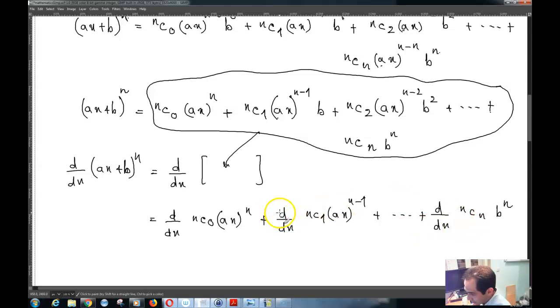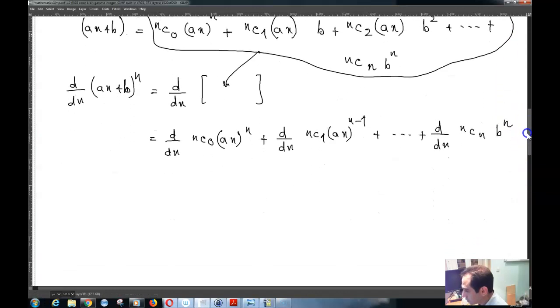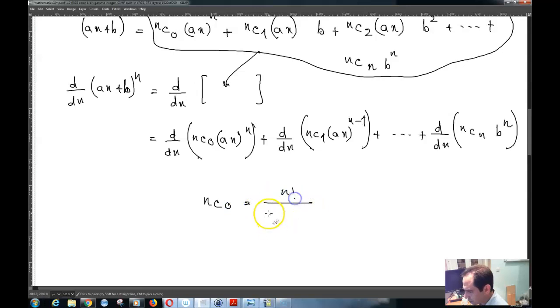Okay. Now let's see how we can differentiate these functions one by one, and I think then we will be able to find some sort of rule over here. So then what you will have is n combination 0, which would be equal to n factorial over n factorial times 0 factorial.